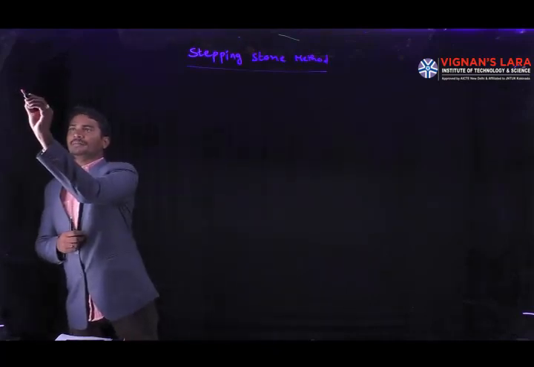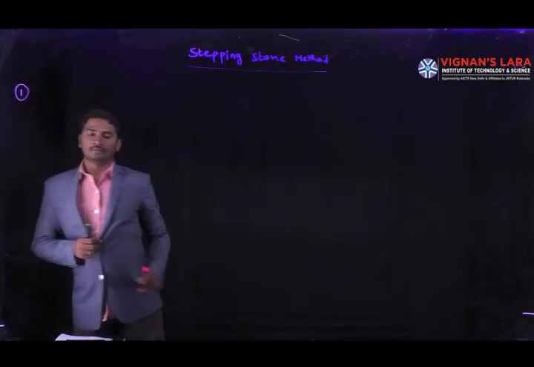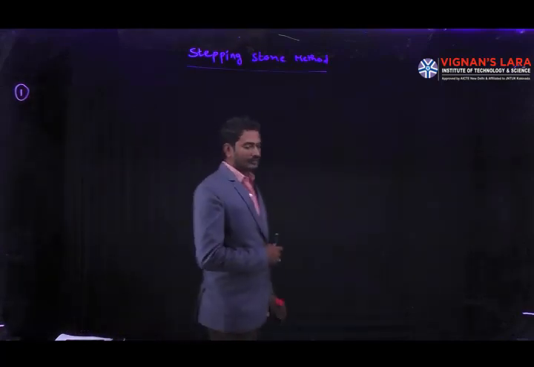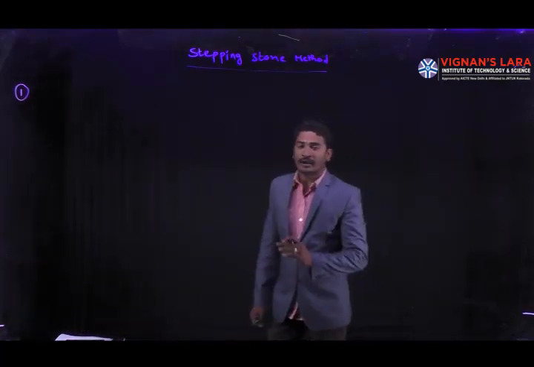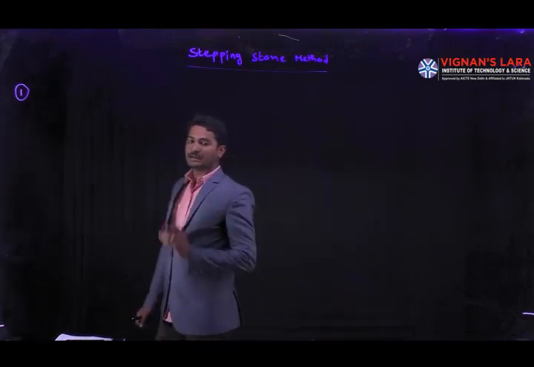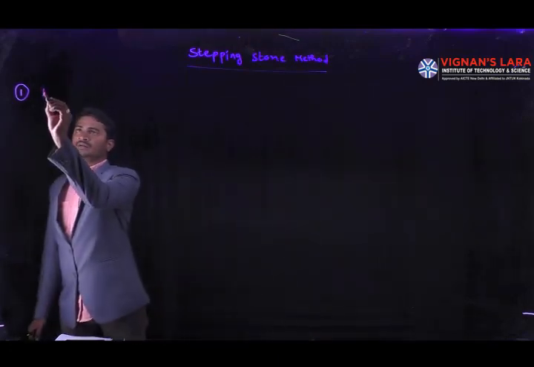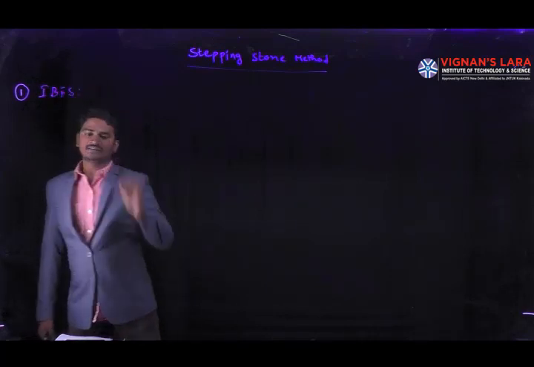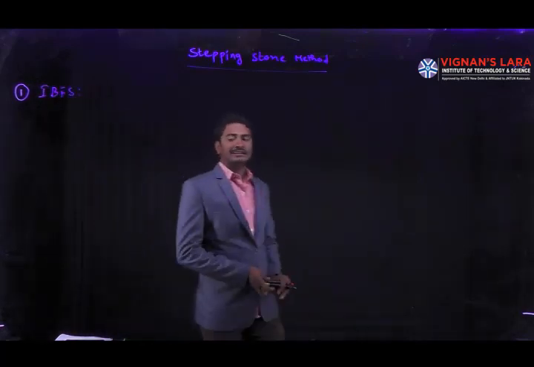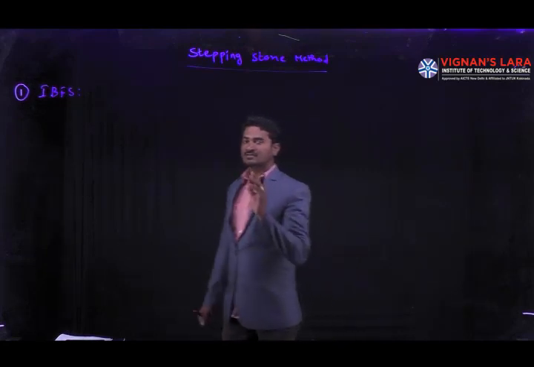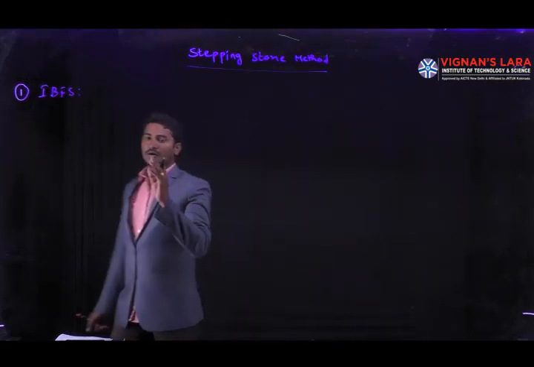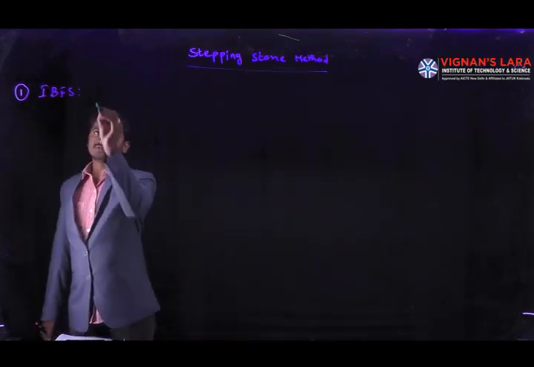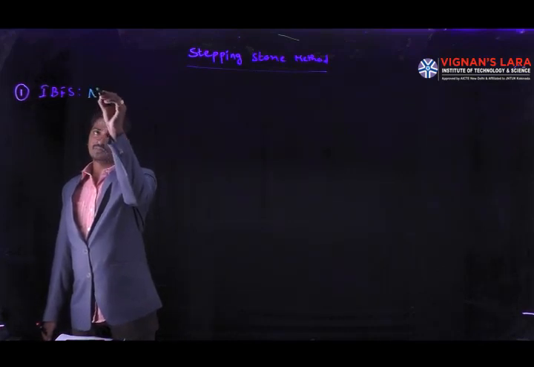Coming to the algorithm of this stepping stone method, step one, we have to find the initial basic feasible solution. Here we have three methods to find the initial basic feasible solution. What are those?